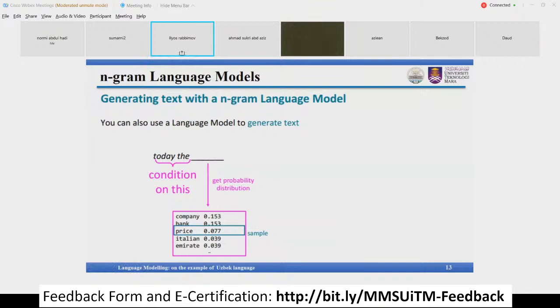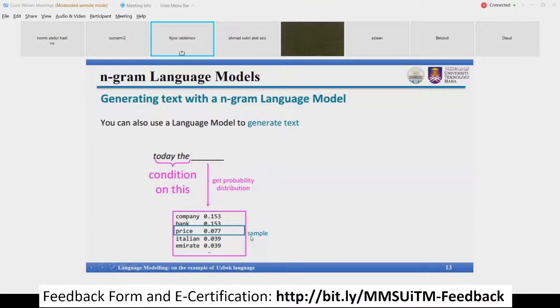Language model: we can generate text using an n-gram language model. You can also, for example, take this, today is there. This is the condition, and we get a probability distribution using the n-gram language model.